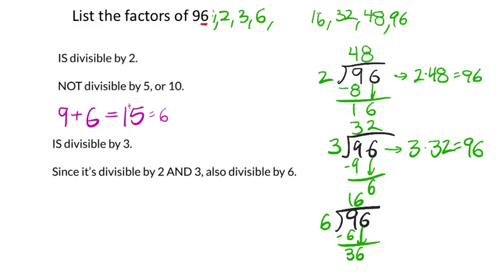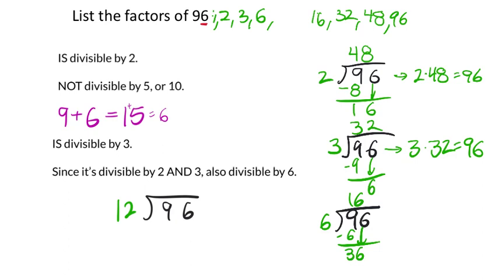Now, as it turns out, there's more as well. But this one just kind of happens offhand. So again, this is where you may have to do some guess and test. But 96, again, this really just goes back to our multiplication table. But 96 is a multiple of 12.